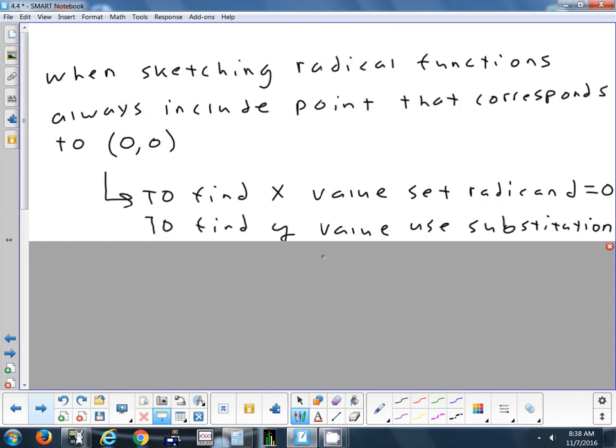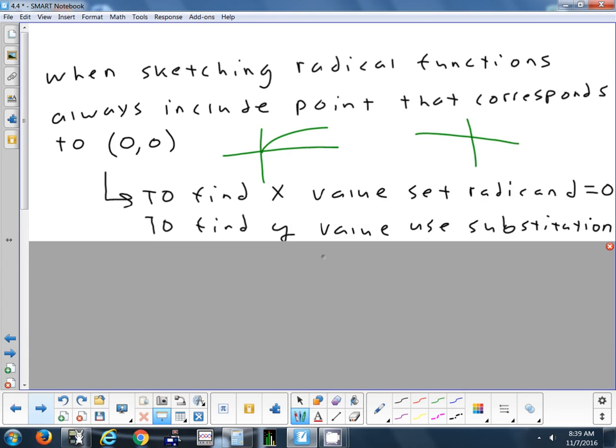So anytime you want to sketch a function, always start by sketching the point that would have been at the origin. Okay, for an even root, I call that the start point, because even roots always start at the origin and then go in one direction. For an odd root, 0, 0 is not the start point.